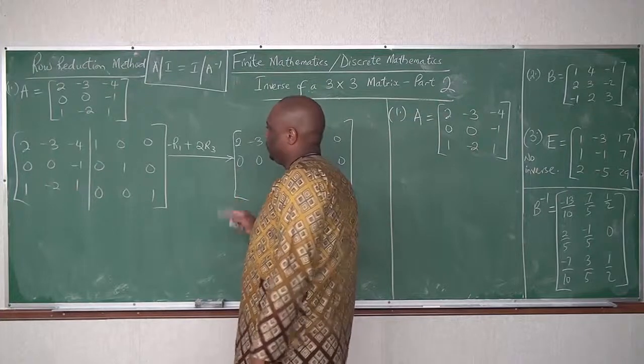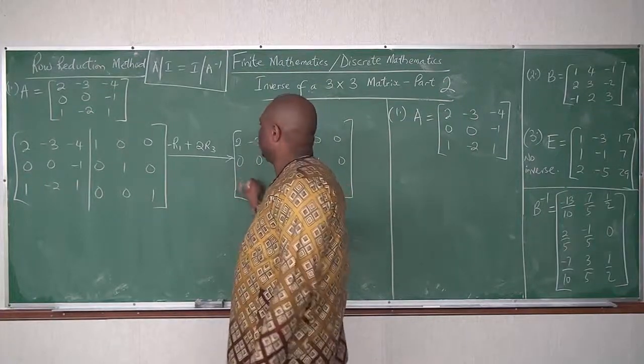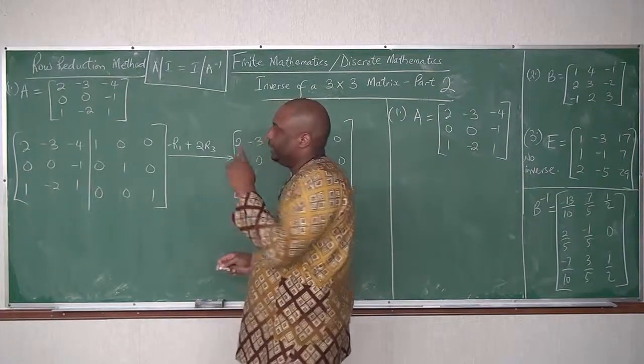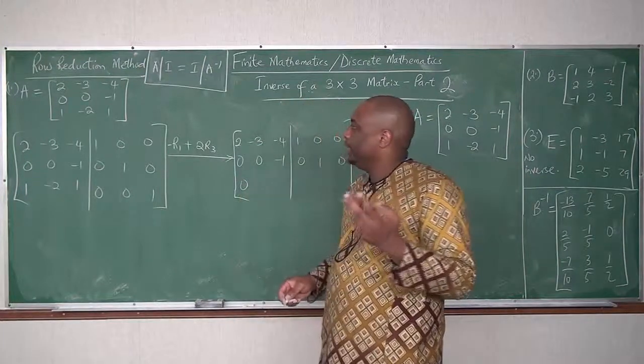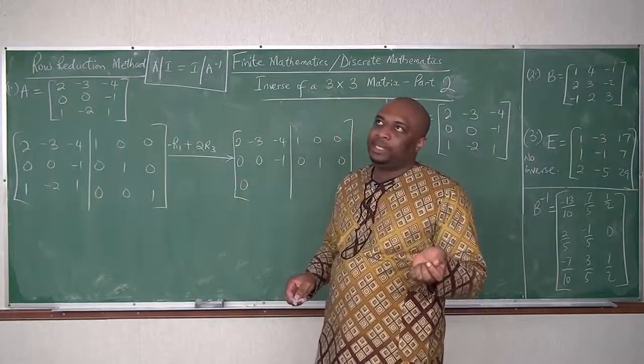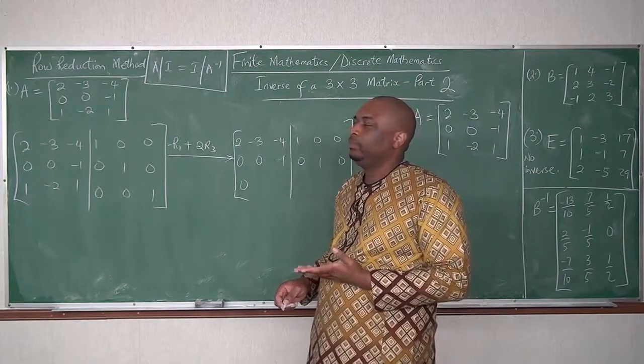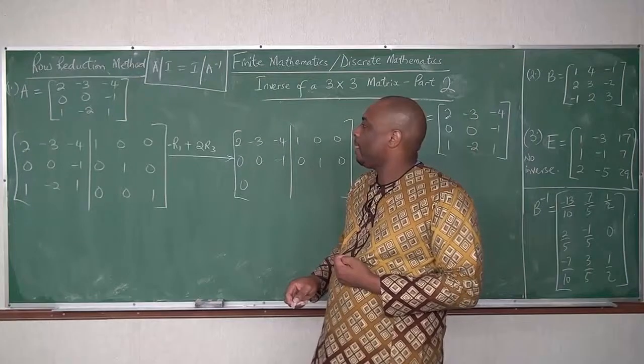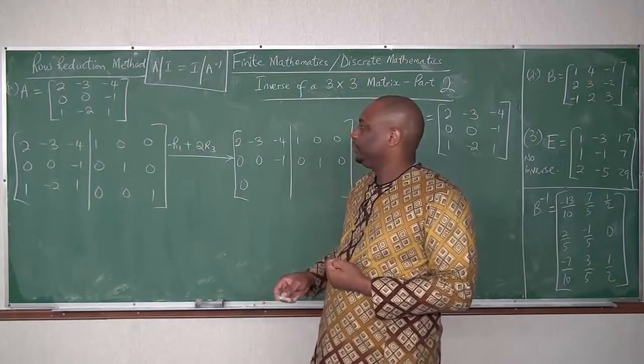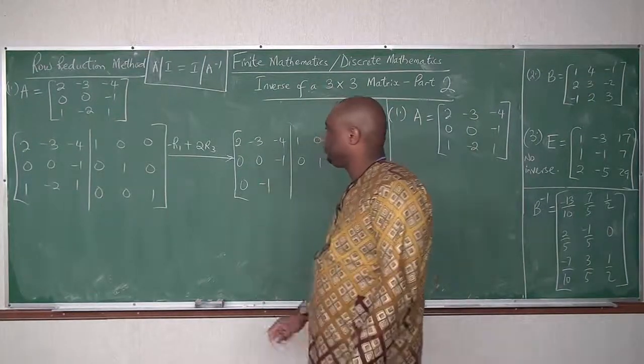Then -2 plus 2 is 0. Negative 3 is 3. 3 plus 2 times negative 2 is negative 4, so 3 minus 4 is minus 1.